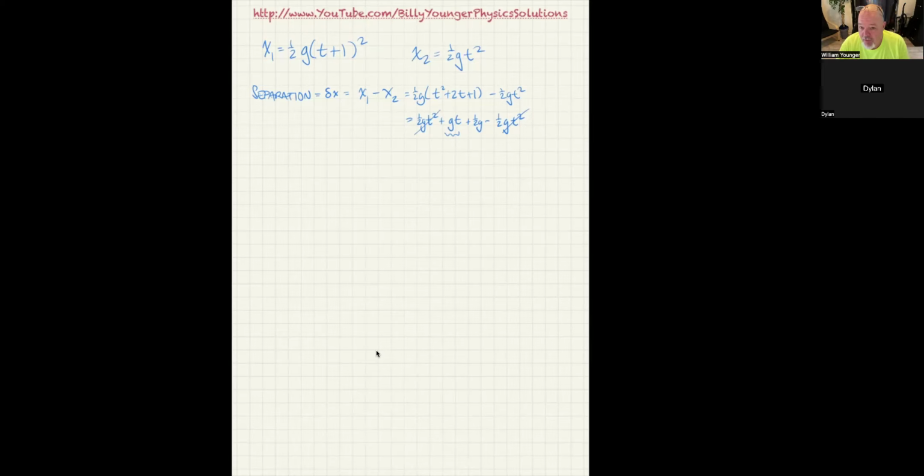So if I wanted to explain exactly why, I would not only analyze this, but I would also think about what the equation x equals 1/2 at squared plus v0t gets you. Because it's really that cross term, basically when we square t plus 1 in parentheses squared, that middle term that makes it differ.